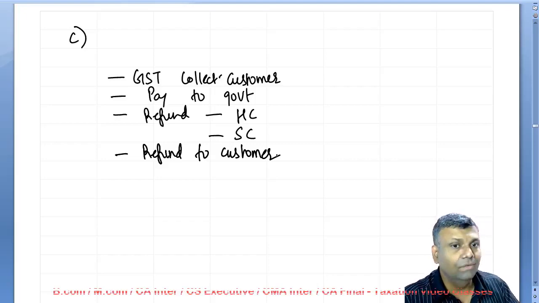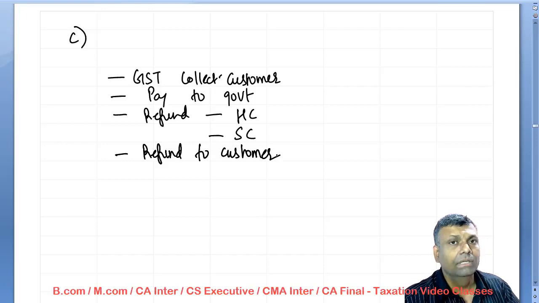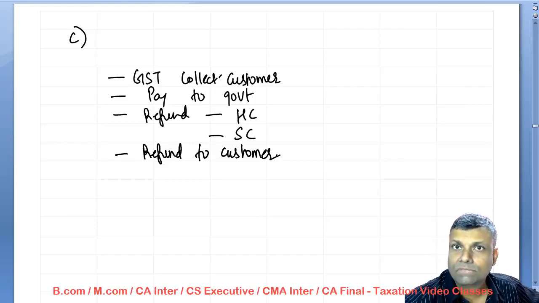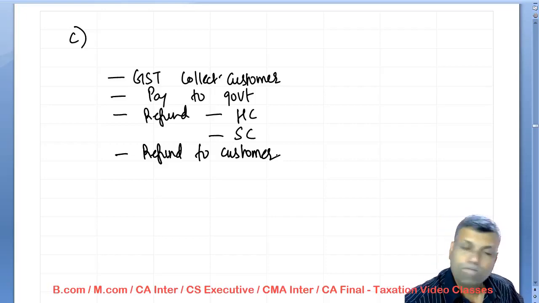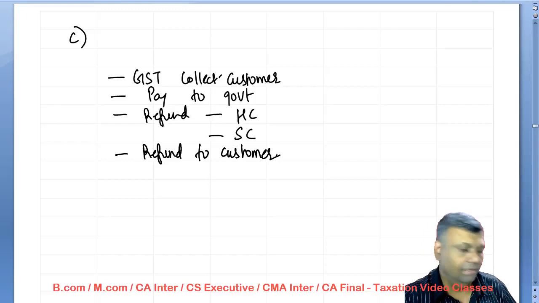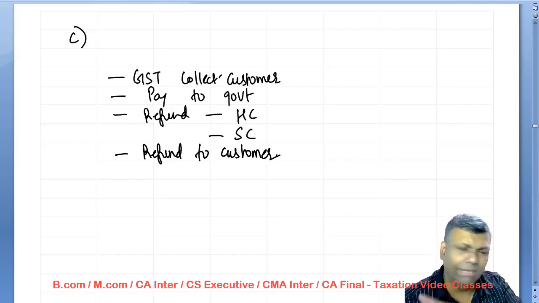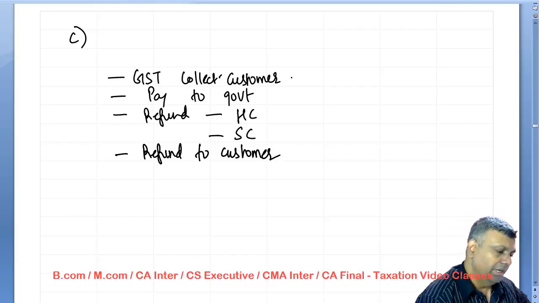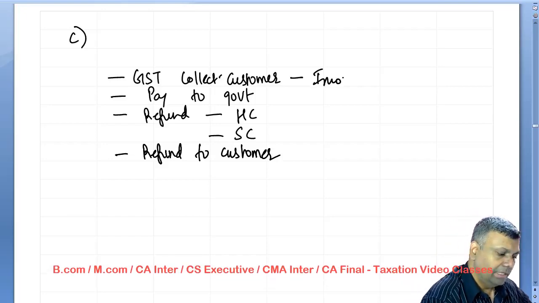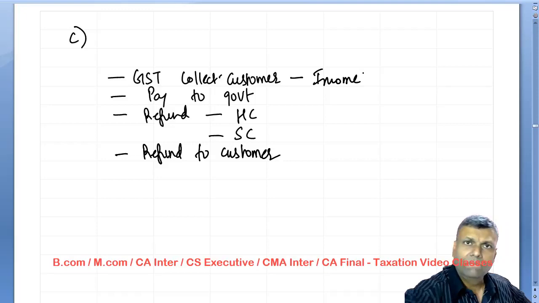There is a chance that you get it from the state government and then again give it back to the customer. A very rare chance. Okay. So understand the entire flow of all the transactions, the variety of judgments in summary, and thereafter I'll come back to the question. So whenever GST is collected from the customer, it is income of the assessee. Always keep that in mind.